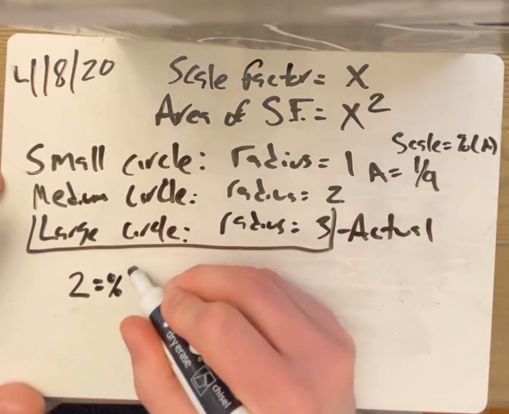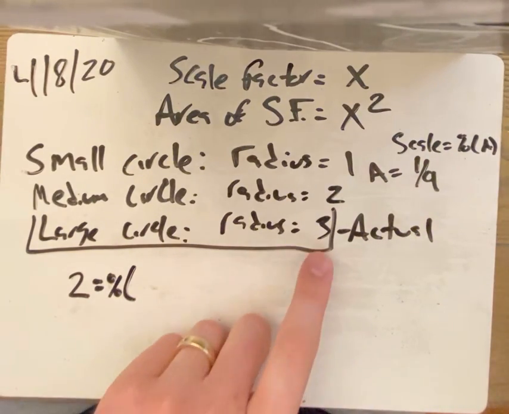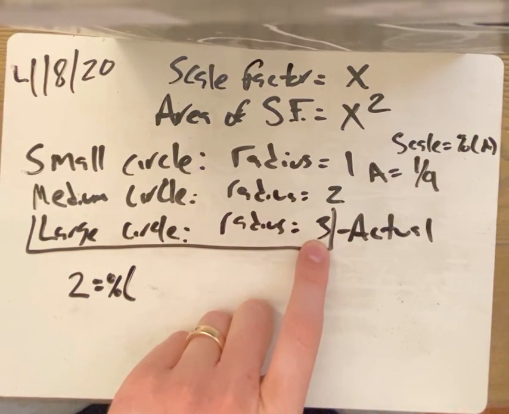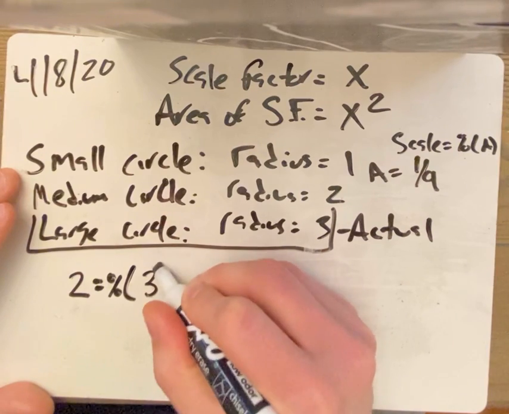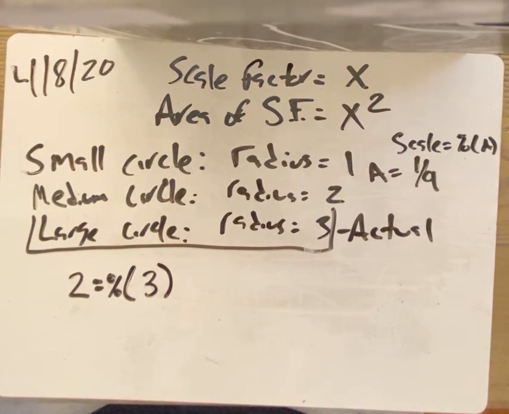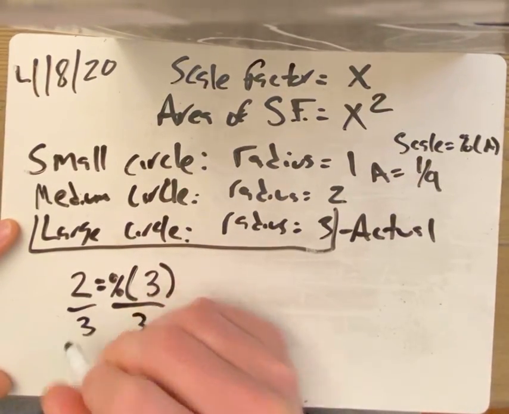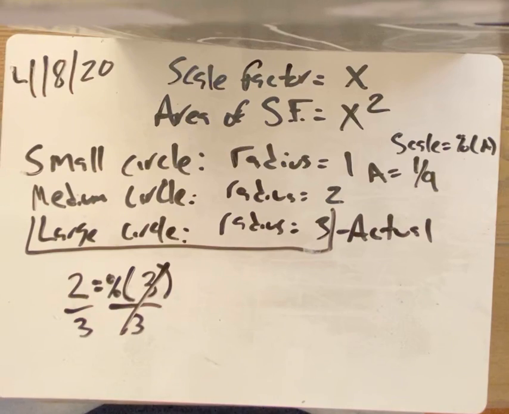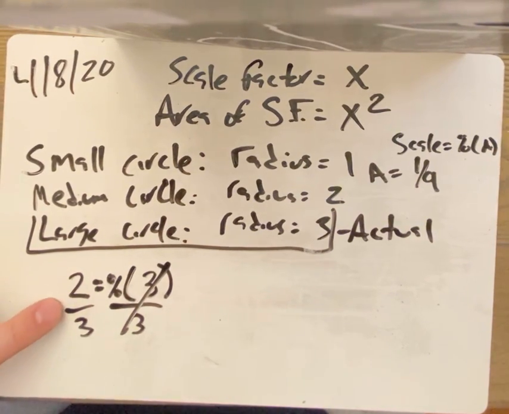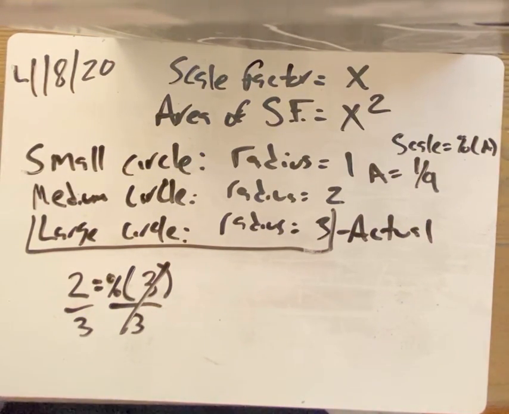And what's the actual? Again, it's the radius of the large circle, 3. Percent and 3 are multiplying, so just divide over. The scale of the medium circle is 2/3.